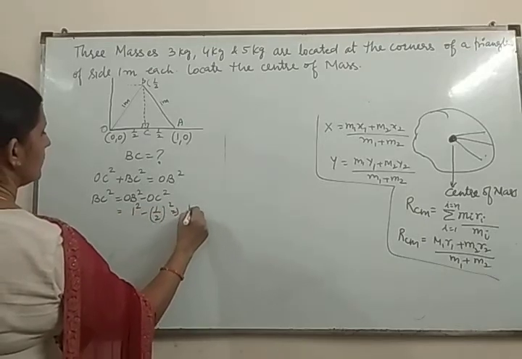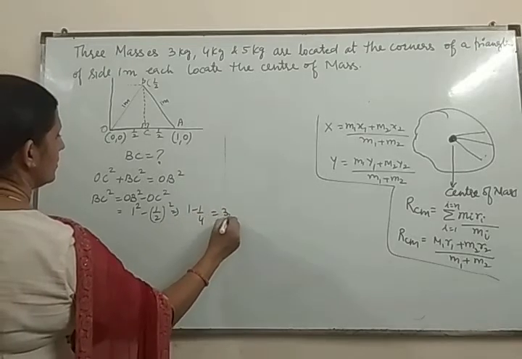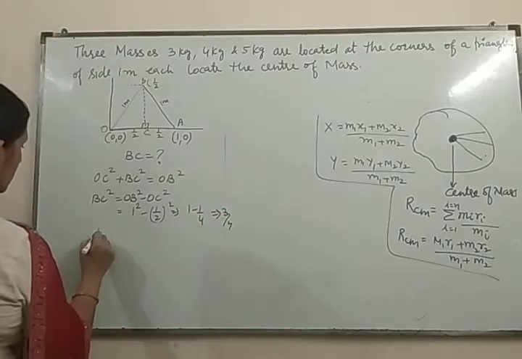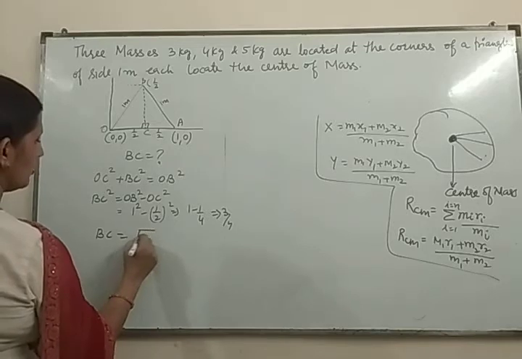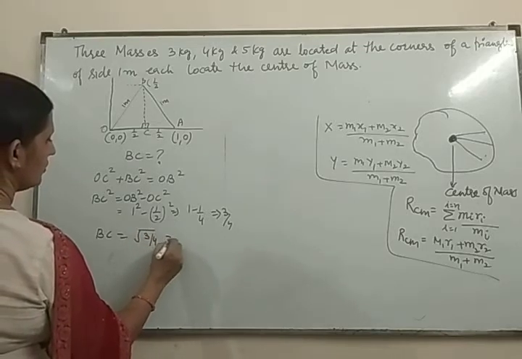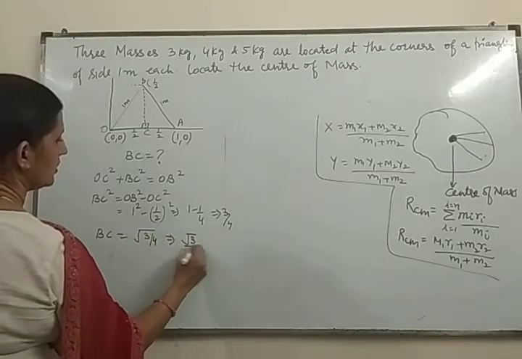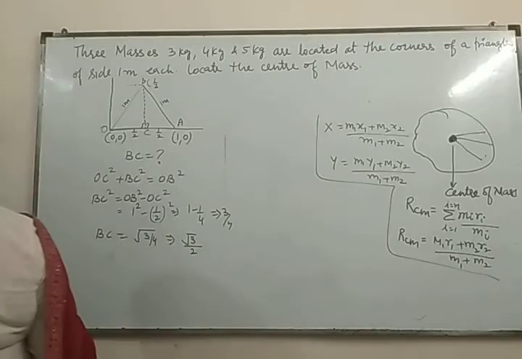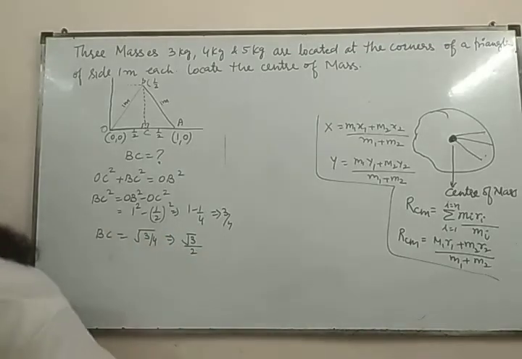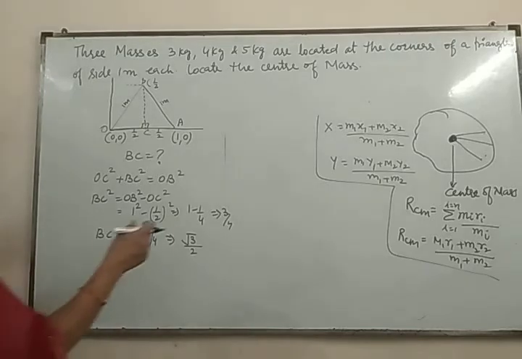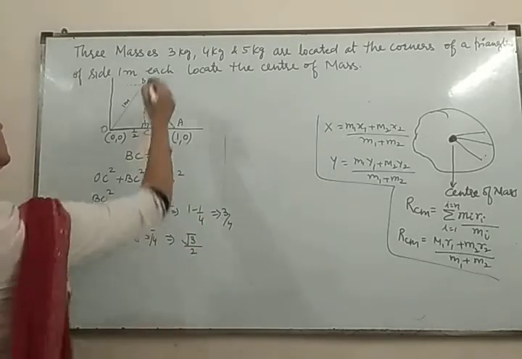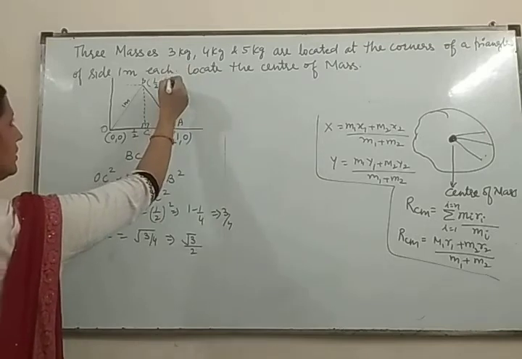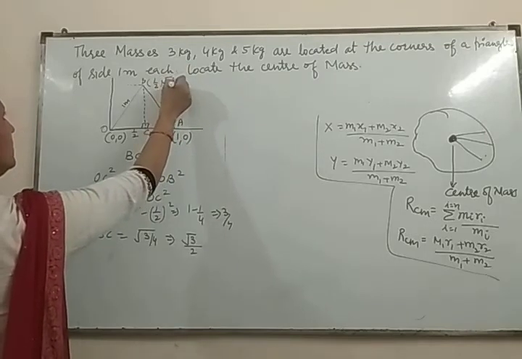This is 1 minus 1 by 4, or 3 by 4. So BC is root of 3 by 4, or you can write it as root 3 by 2. Now you have all the sides here, and you put the value of the y coordinate here, root 3 by 2.